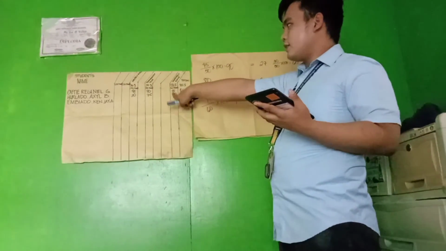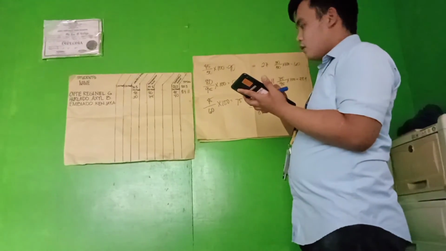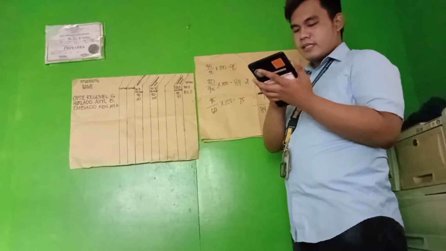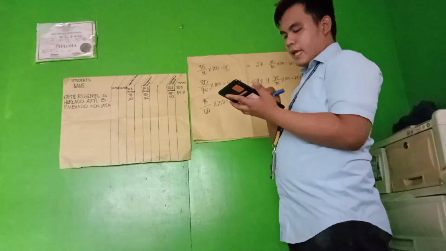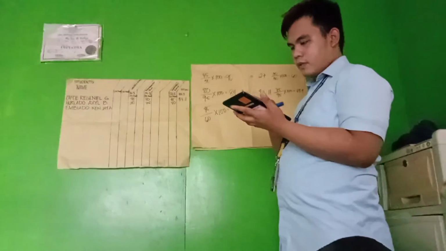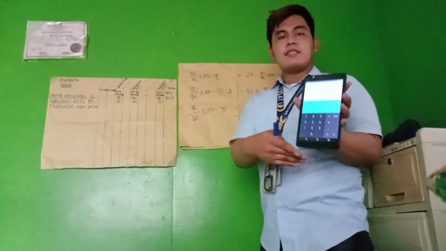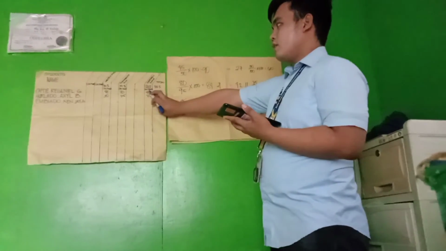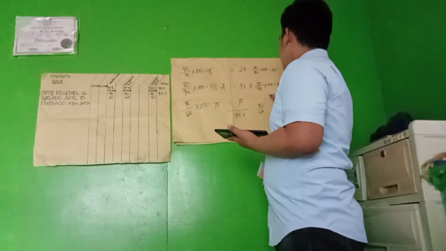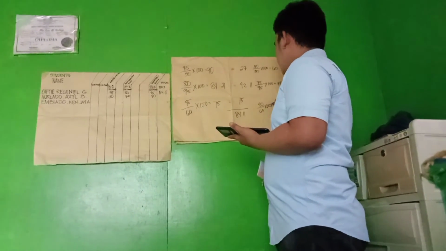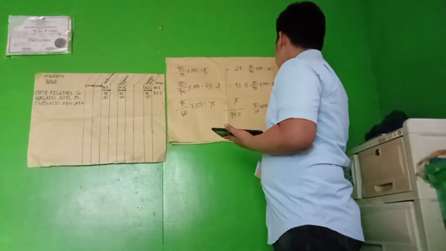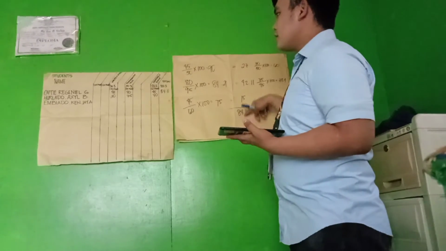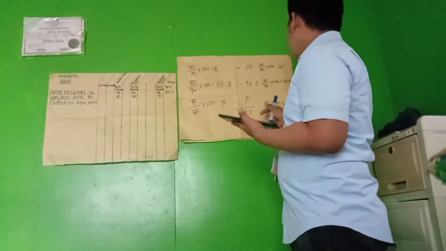Next is his quarterly exam: 40 divided by the highest point, which is 60, multiplied by 100. He got 66.7. And now we are going to solve for the percentage by category.